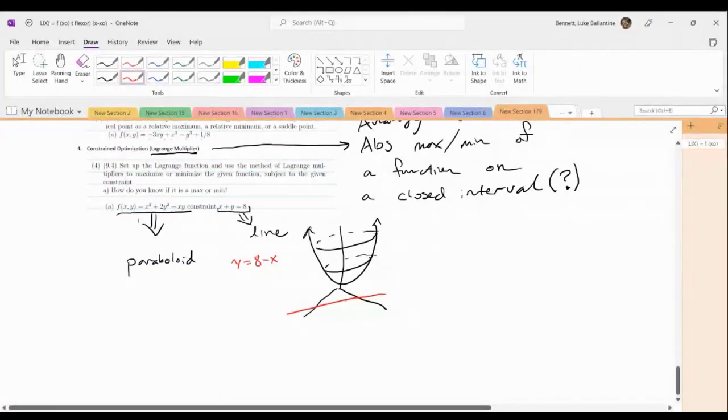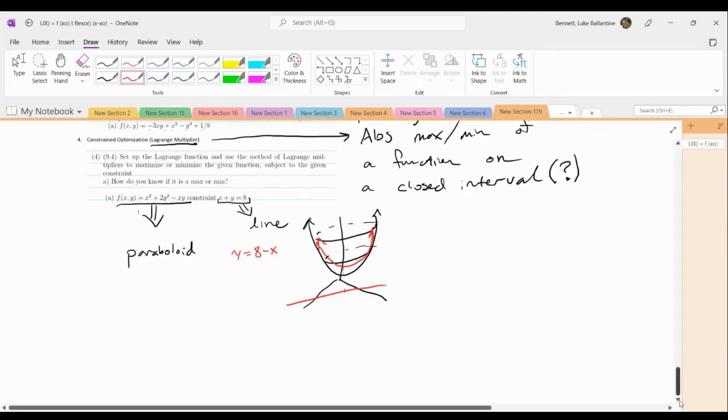And then we look at the image of this curve on the surface, and it would look something like this, going up forever. And we're going to find the max and min on this image curve on the paraboloid. So we can already tell right now from this picture that there's going to be a minimum and no maximum.